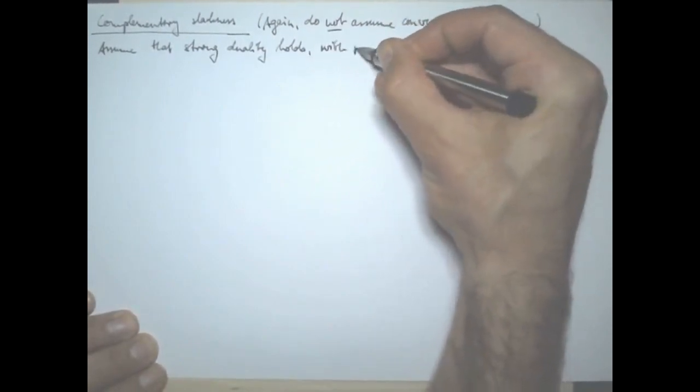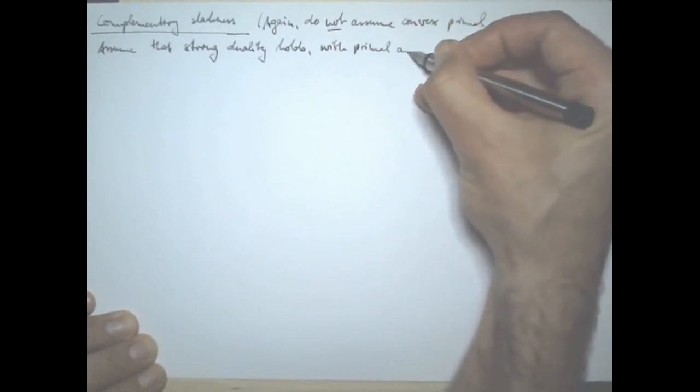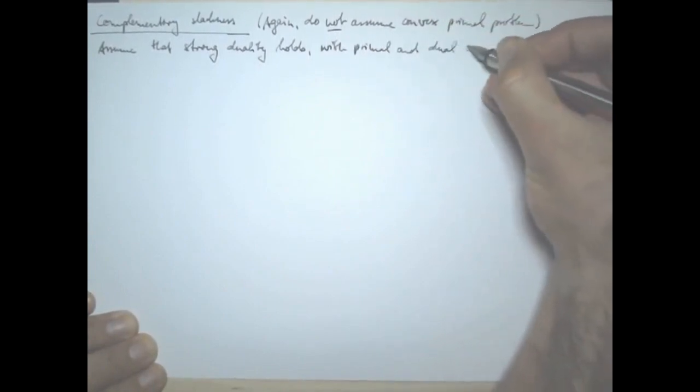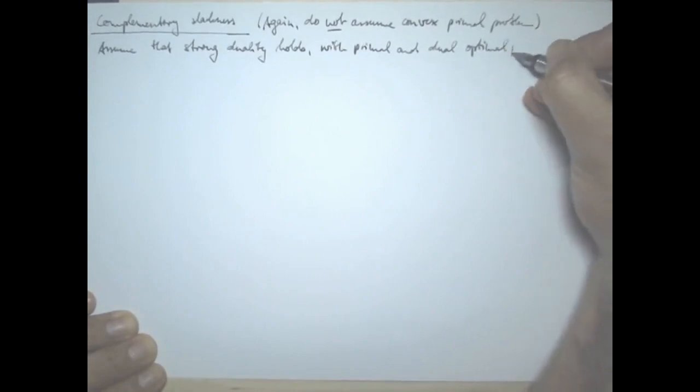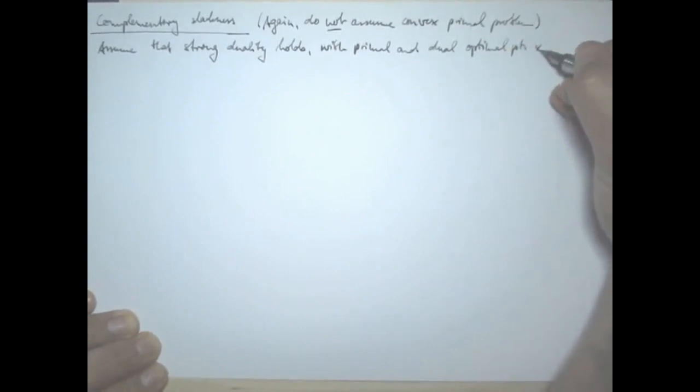And that we have primal and dual optimal points, x star and lambda star, nu star.